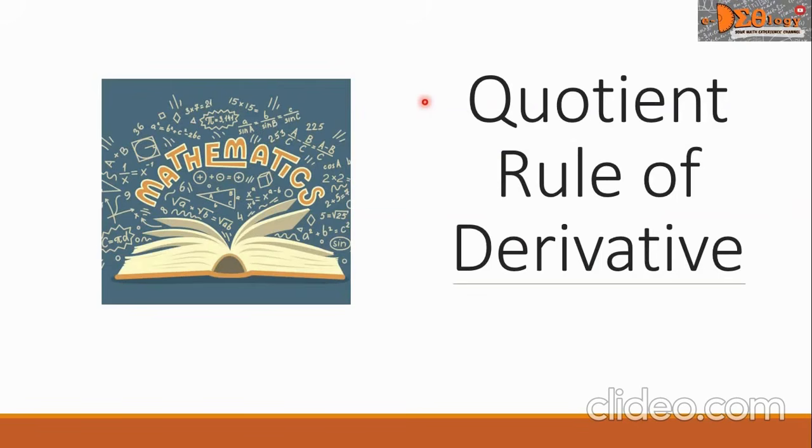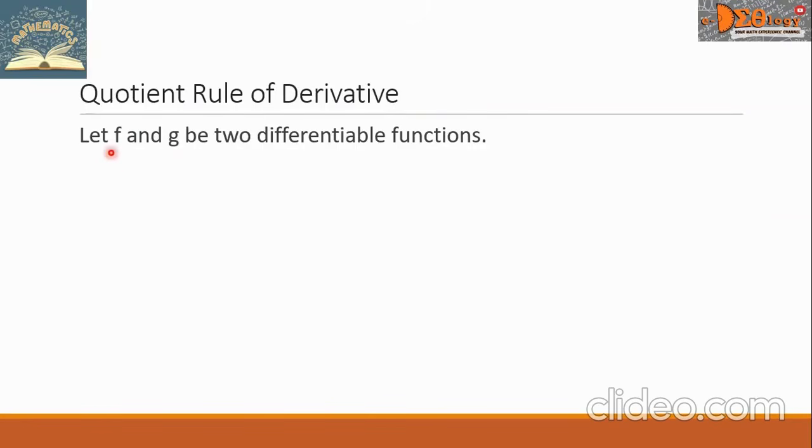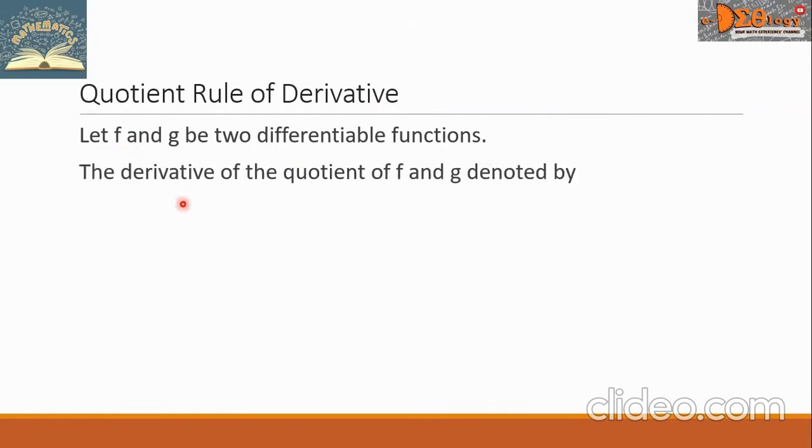Today, we're going to study the quotient rule of derivative. Let f and g be two differentiable functions. The derivative of the quotient of f and g, denoted by d over dx of the fraction f over g.